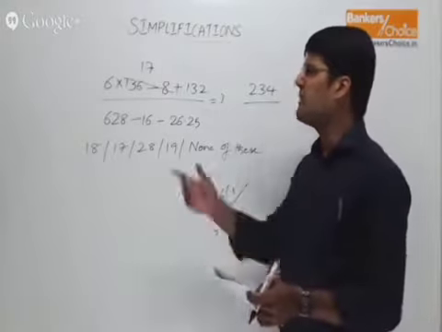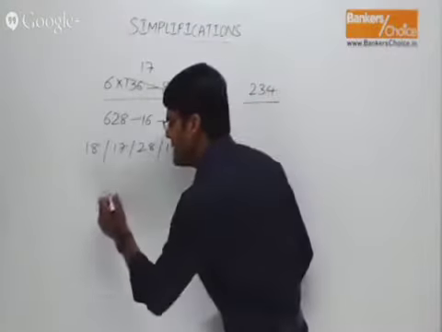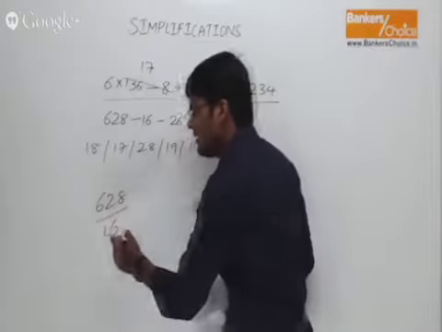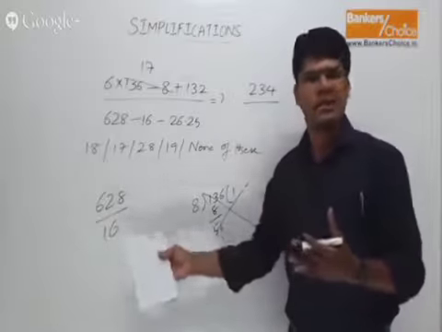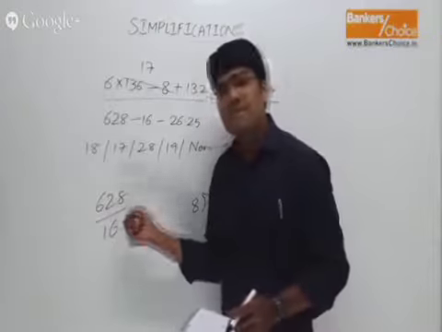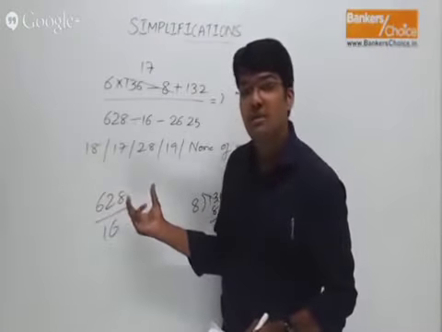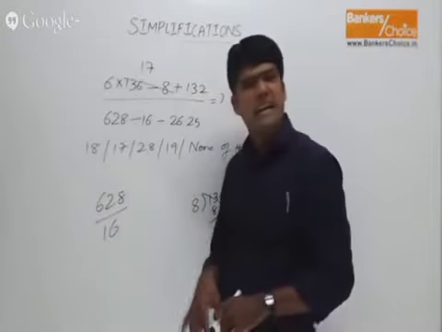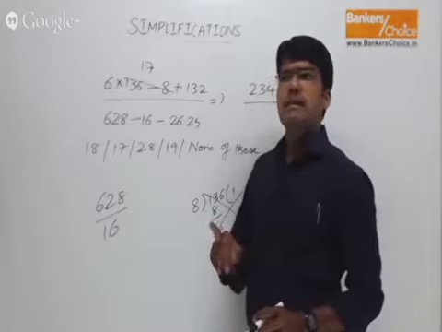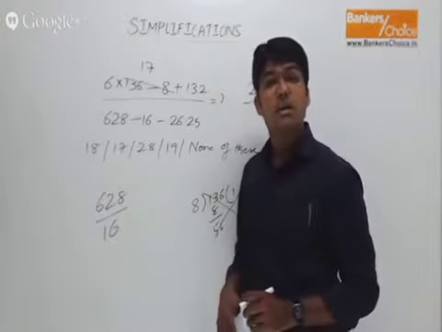What do you do? Split the numerator, 628 by 16. Now don't ask, why are you writing on paper? Because I'm trying to explain it to you, right? Otherwise, we can just do it mentally. 628 by 16. What's the logic? Always split the numerator in terms of some multiple of the denominator. 628, can I take it as 640 minus 12?